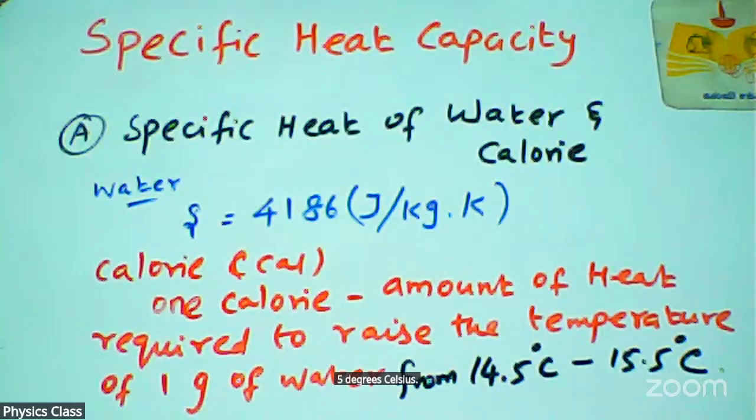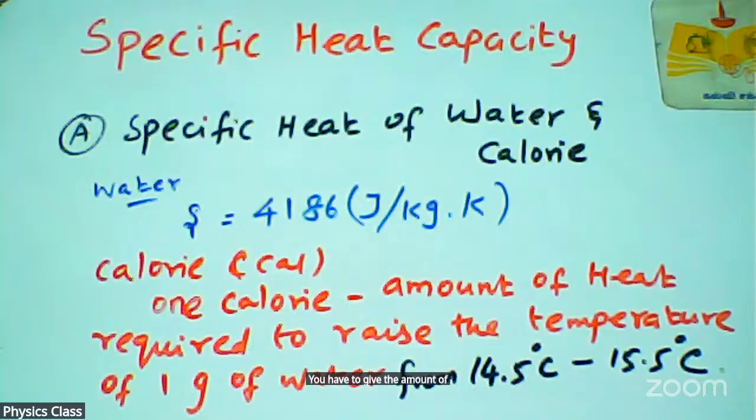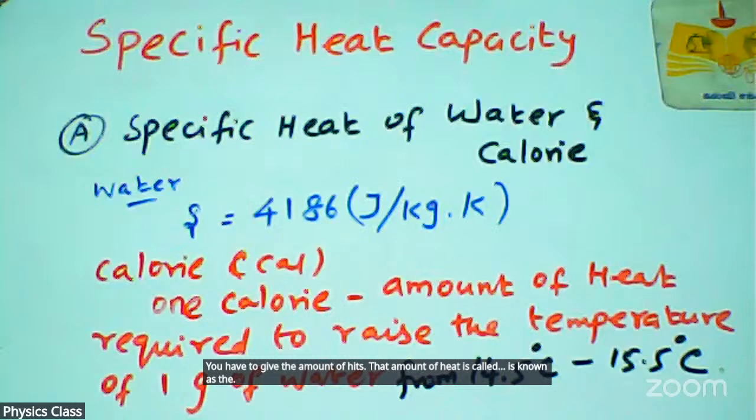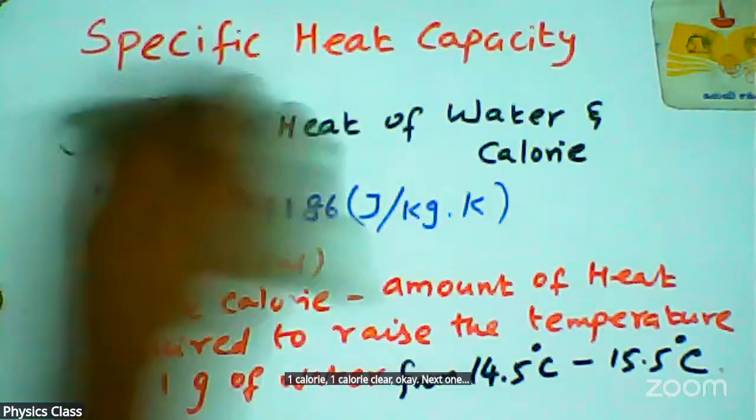So you have 1 gram of water at 14.5 degrees Celsius. If you want to increase the temperature to 15.5 degrees Celsius, you have to give some amount of heat. That amount of heat is known as 1 calorie. Clear? Next one, second one, B.